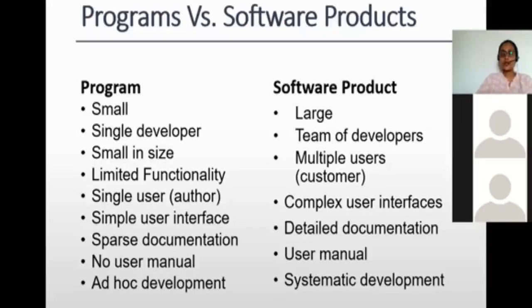But when it comes to software like Google, Android Studio, Photoshop, Microsoft Word, Jupyter Notebook, and PyCharm, there are several programs combined together, and multiple users also. There are several people who use that software, right? But when it comes to the program, only one user, a single user, is there.